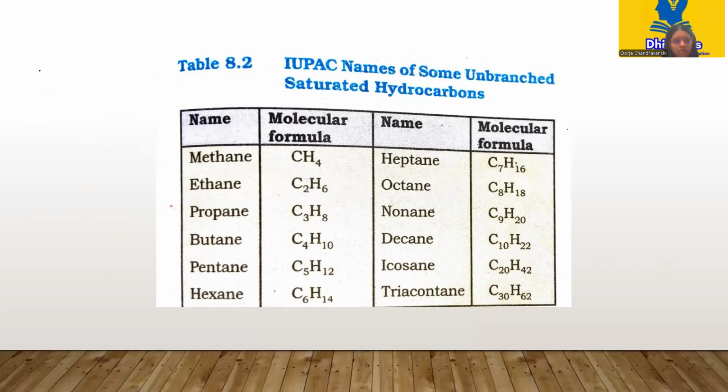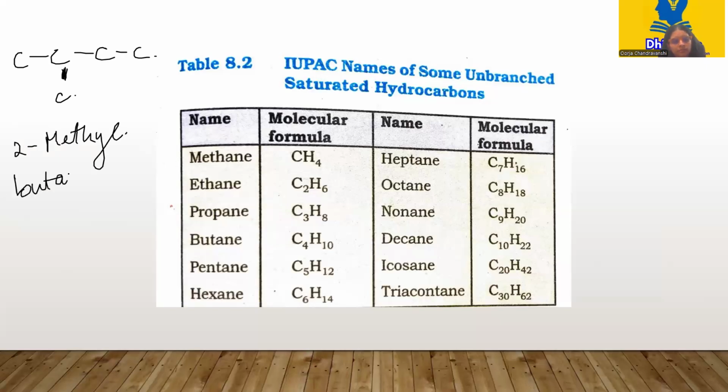Next, just like I wrote in the previous question, if I write the name of it first, it should be 2-methylbutane. So the number and word are separated by a dash.